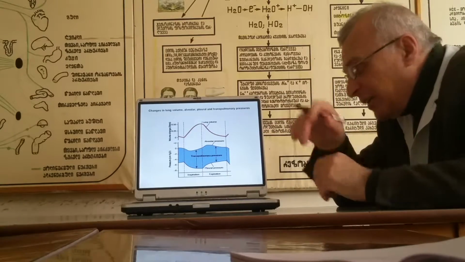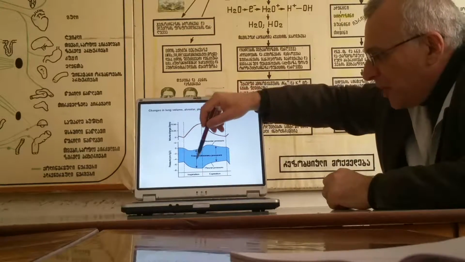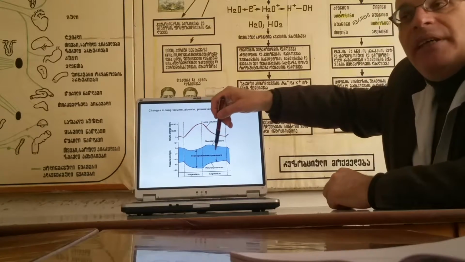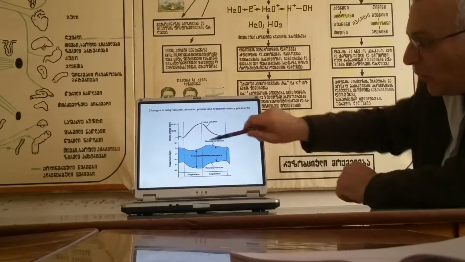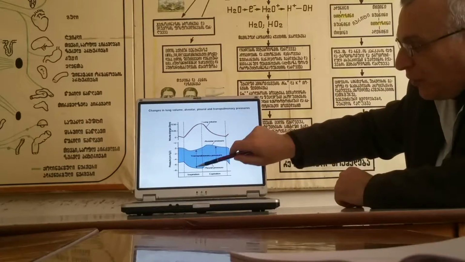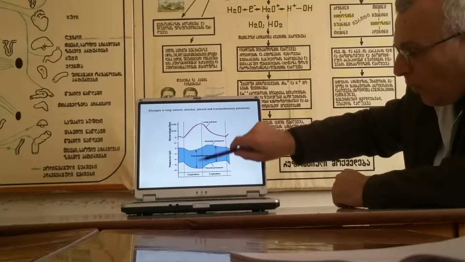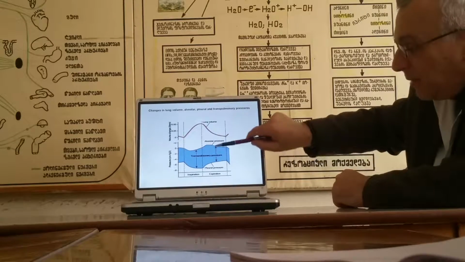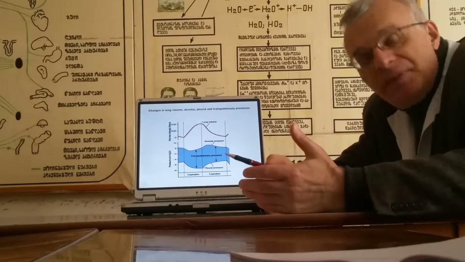The difference between alveolar pressure and pleural pressure is usually called transpulmonary pressure. You can see it here. When this difference is bigger, we have inspiration.